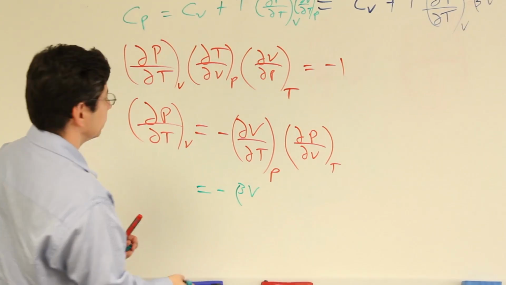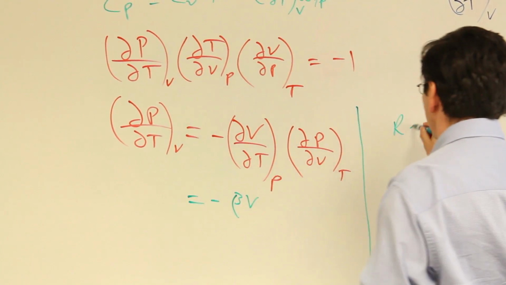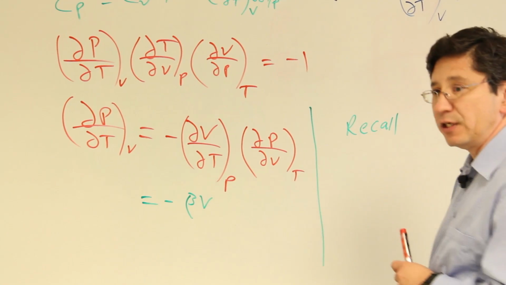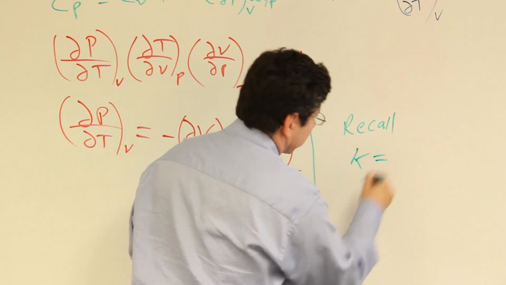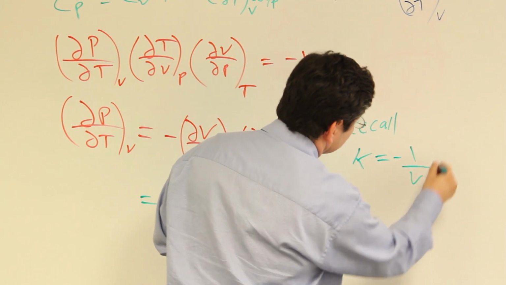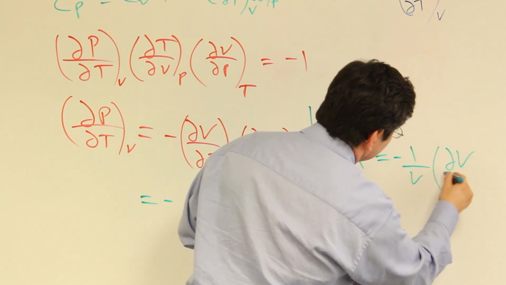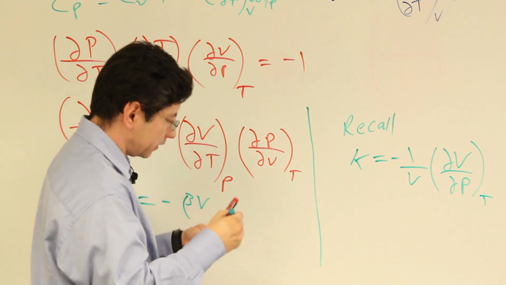Well, recall another definition, kappa. Kappa was defined in class as minus 1 over V dV/dP at constant temperature, right?